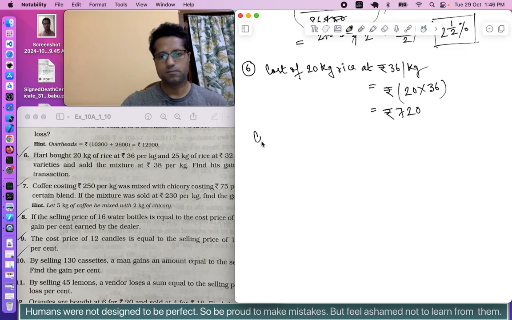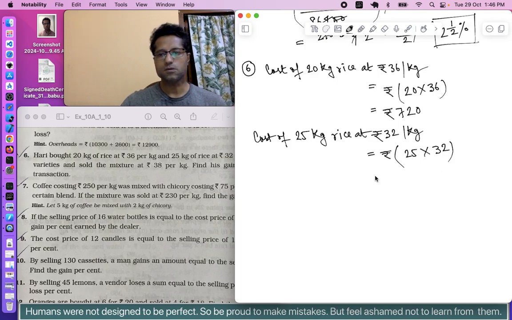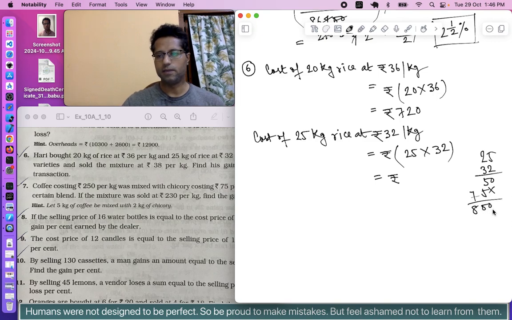Similarly, the cost of 25 kg rice at rupees 32 per kg will be rupees 25 multiplied by 32, which is 800. So rupees 800 was the cost of 25 kg of rice.